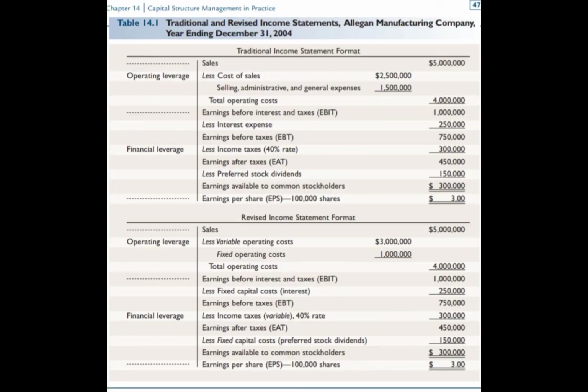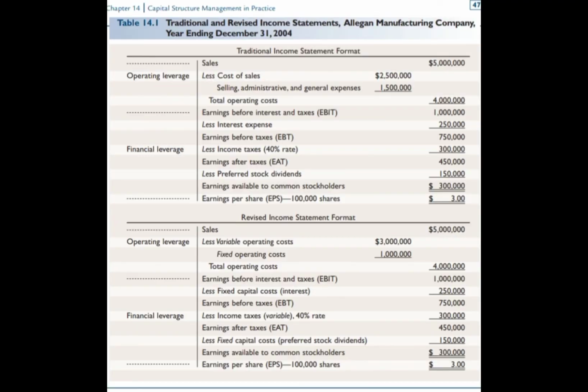Examples of long-run decisions that impact a firm's cost include changing the quantity of production, decreasing or expanding a company, and entering traditional and revised income statements.